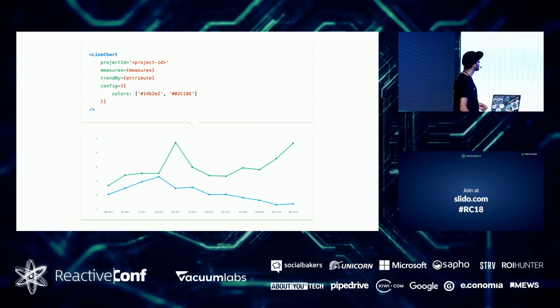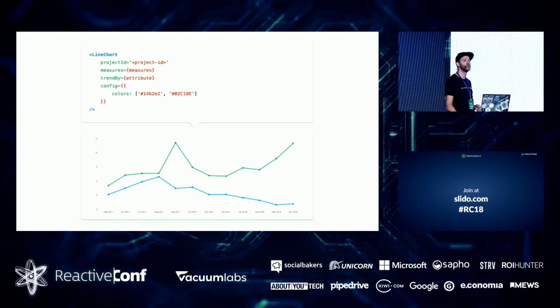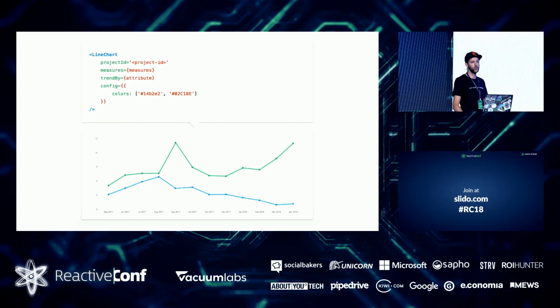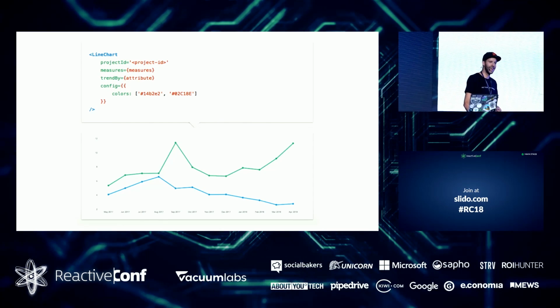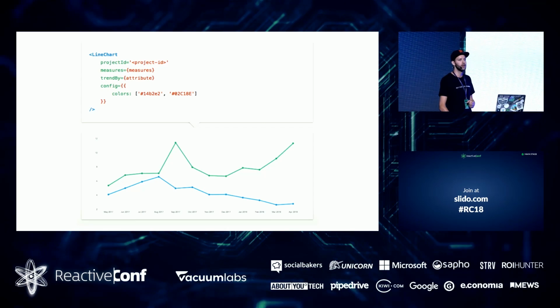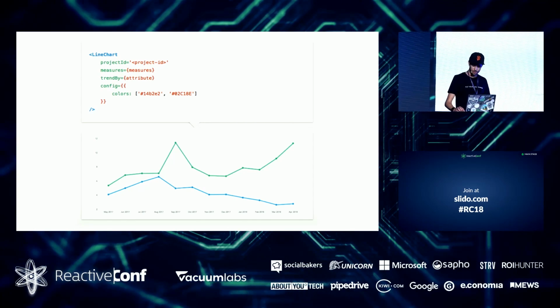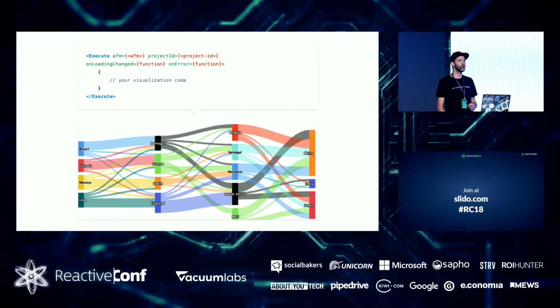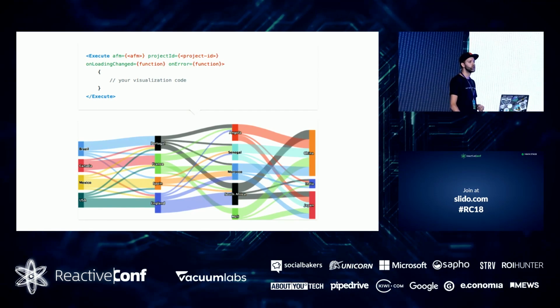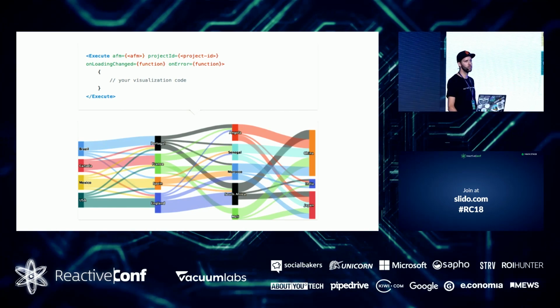So from now, you are not limited to just embedding, using sometimes those heavyweight iframes, and you can use ready-made React components in your solution. And because you are developers, we don't want to limit you to using just our components.